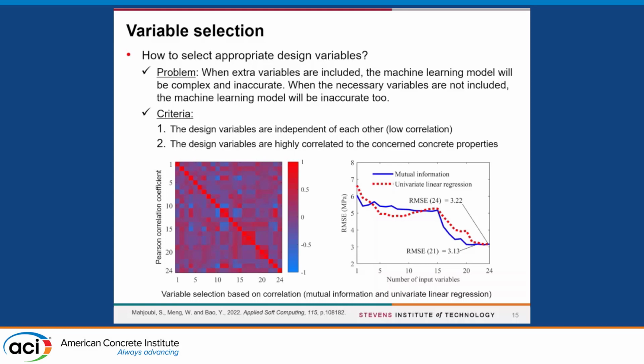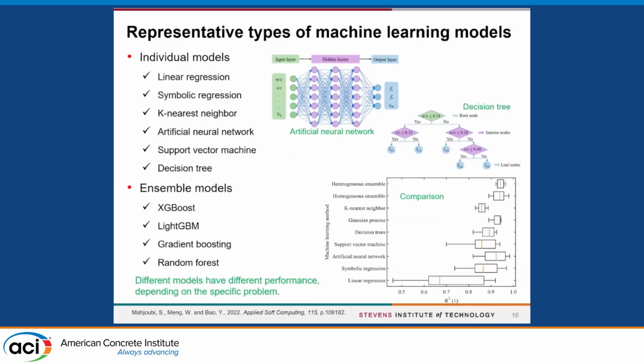We cannot consider water content and the water to cement ratio at the same time. And second, the design variables should be highly correlated to the concerned concrete properties. From one of our studies, we investigated the effect of the number of input variables on the prediction accuracy of flexural strength of UHPC, and we found that considering 21 variables has higher accuracy than when we consider 24.